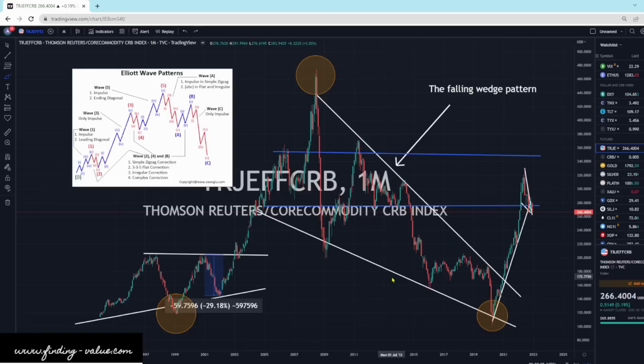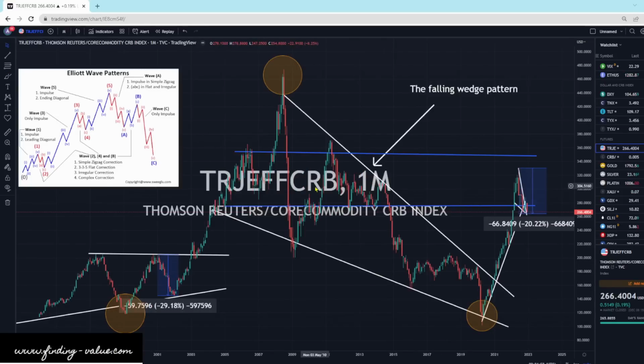I know that can be somewhat difficult, but in my opinion, another way that you can look at this is that this move here is this move here. If you look at the pullback size of the last bull market, that pullback was about 30% from top to bottom. Right now, we're at about 20% of this pullback.